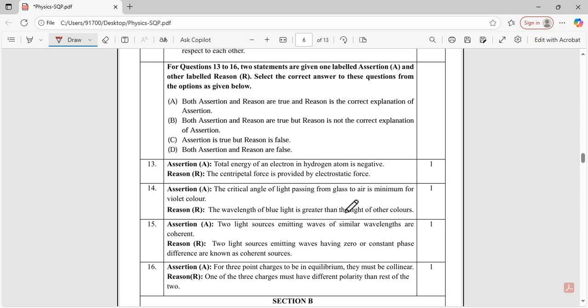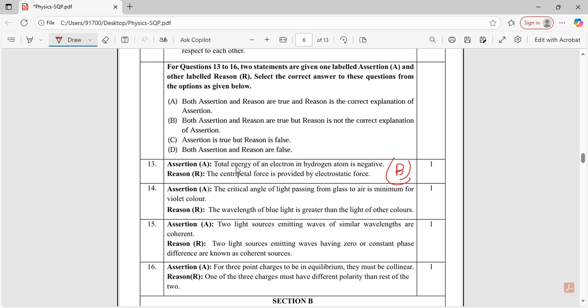Both the assertion and reason are true, but there is no relation between A and R. So option A is not the answer. Option B, right, sorry, option B, because the reason is not the correct explanation of the assertion. So these two are not related here. So that's option B.